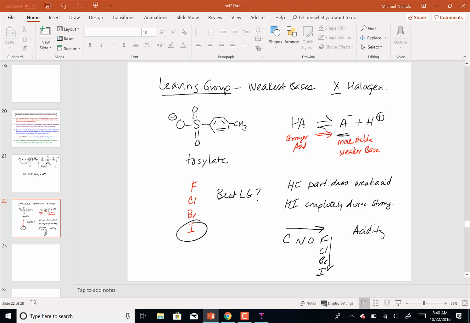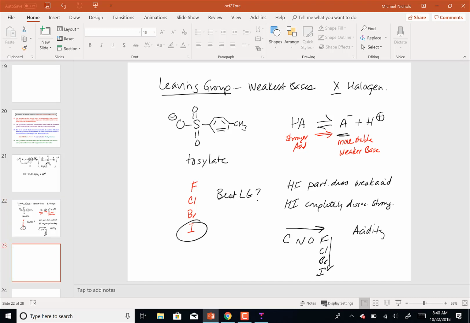And then HF is weaker than HCl, HBr is stronger, and HI is the strongest. Okay, so we have to remember that. And if we do, then that makes I minus the best leaving group. So that's it. For leaving group ability, it's all about basicity, inversely related. Okay. So if you're a weak base, you're a great leaving group.